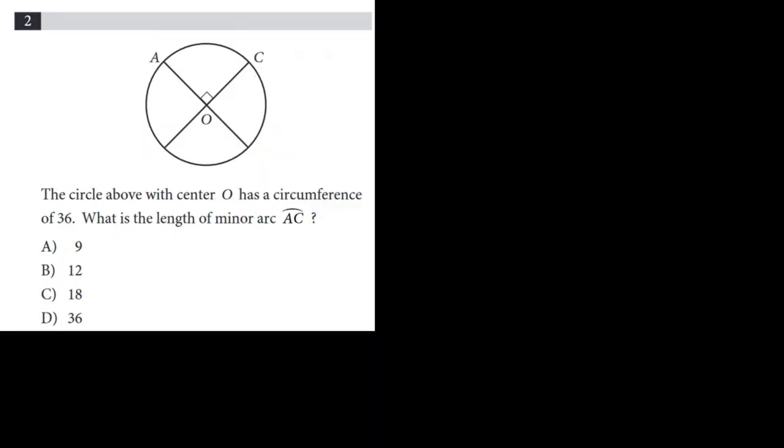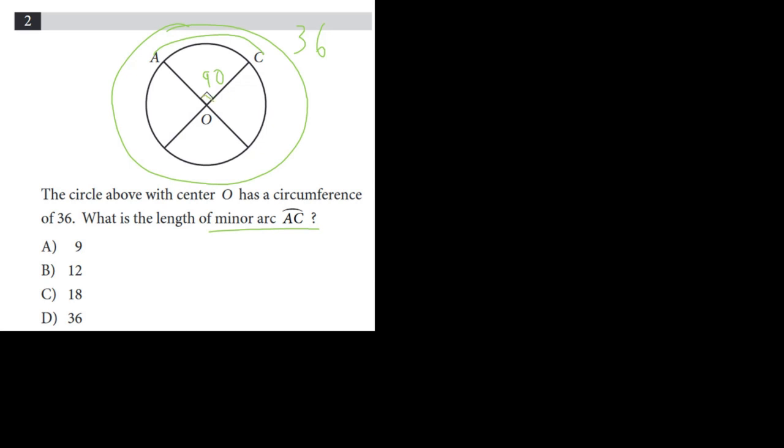All right, so with this problem, it's a similar idea. So we have a total circumference of 36. What is the minor arc of AC? And the other thing we notice about this AC is the degrees is 90 degrees because we see that right angle.